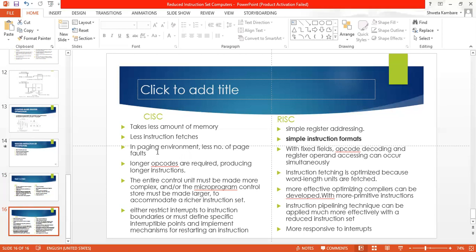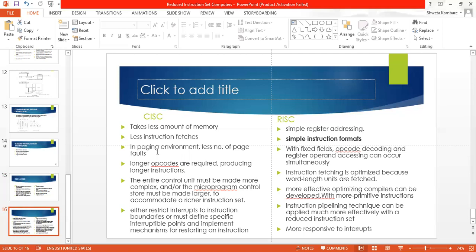See, a microprogrammed control unit will be designed in the case of CISC. The design of the microprogrammed control unit will be very complex, as the instructions are complex.